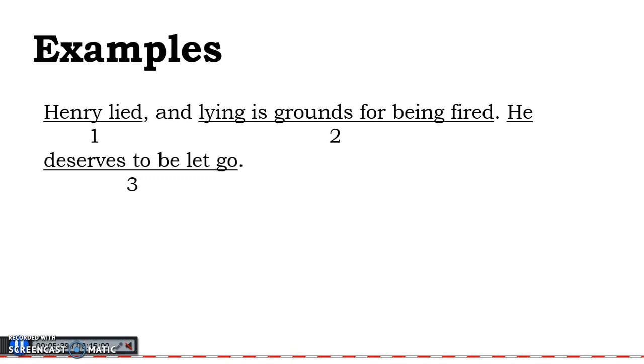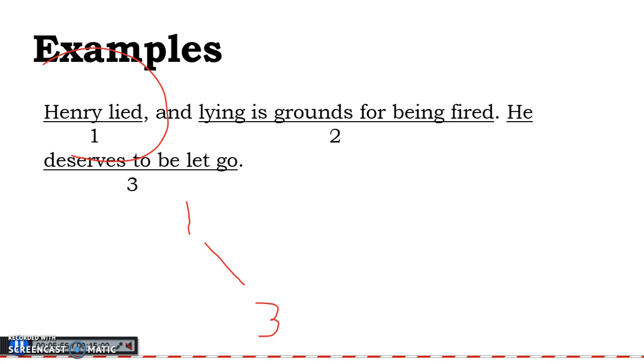Now, which here is the ultimate assertion? This time, it's 3 instead of 1, so I put 3 at the bottom. 1, clearly, is a supporting reason of 3, so I draw a descending line like this, I think.